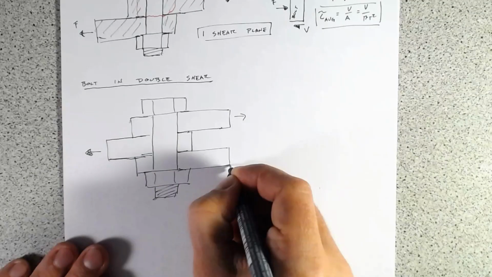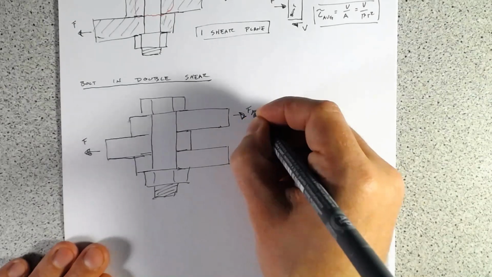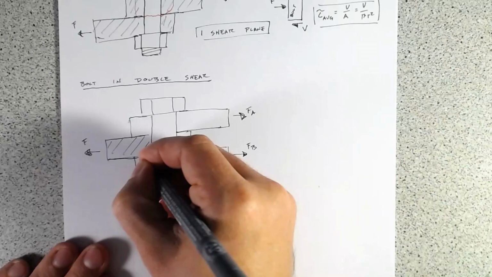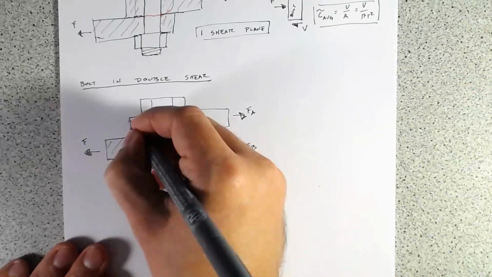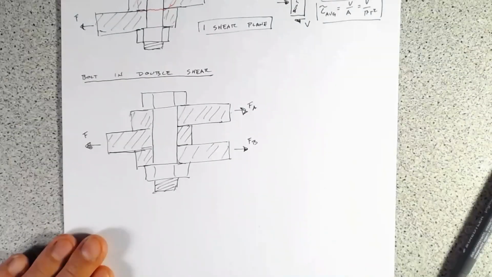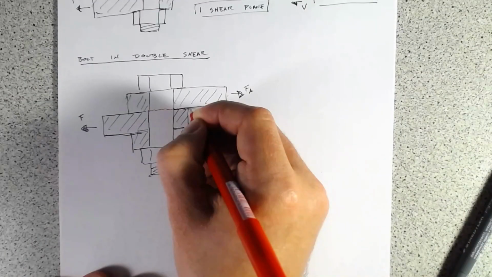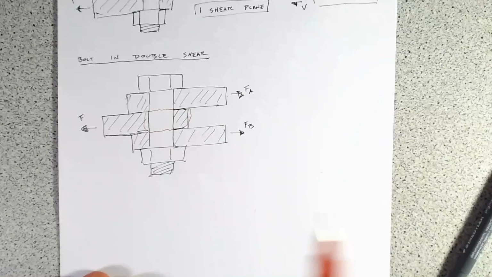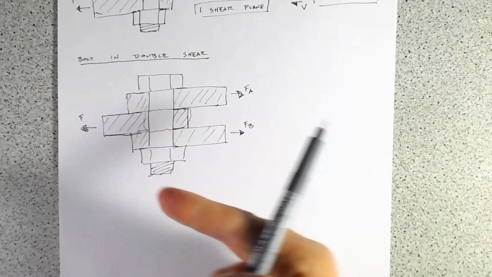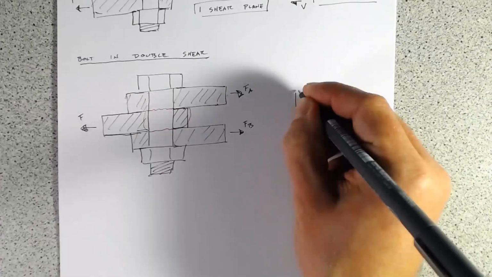So we'll call this one F. We'll call these FA and FB. And we'll just hash in those plates to make them a little easier to see. All right, so here again, we'll take another little free body diagram and we'll cut right at this surface. So we're going to look at the shear in the bolt here. If we have this force pushing this way, let's draw our free body diagram the same.